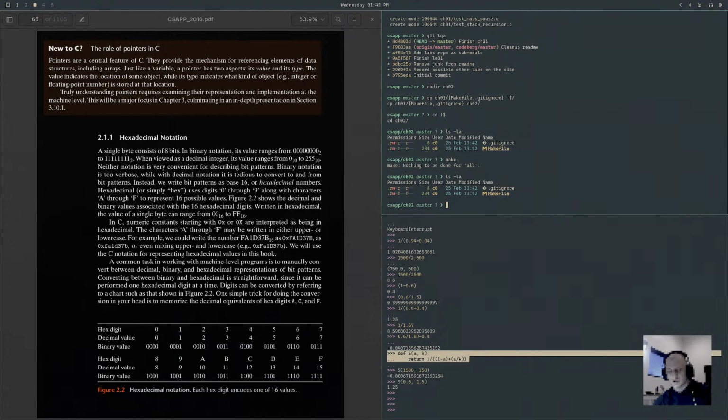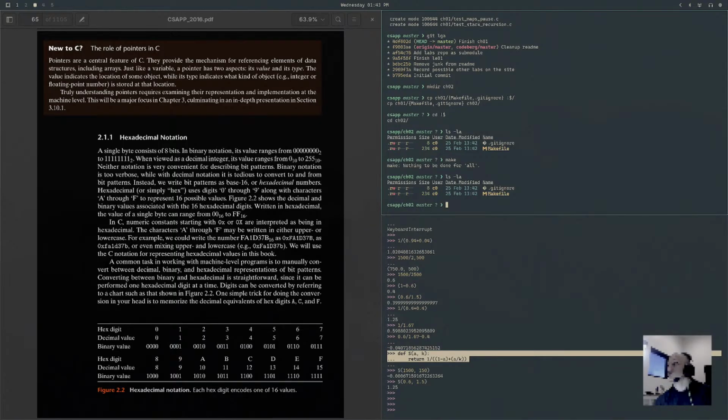Hexadecimal, or simply hex, uses digits 0 through 9 along with characters A through F to represent 16 possible values. Figure 2.2 shows the decimal and binary values associated with the 16 hexadecimal digits. Written in hexadecimal, the value of a single byte can range from 00 to FF.